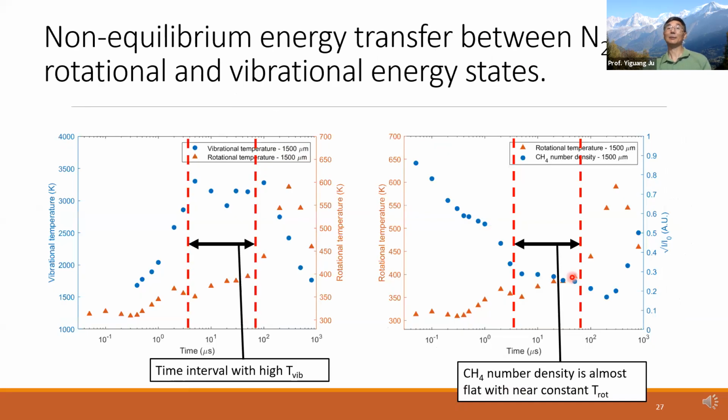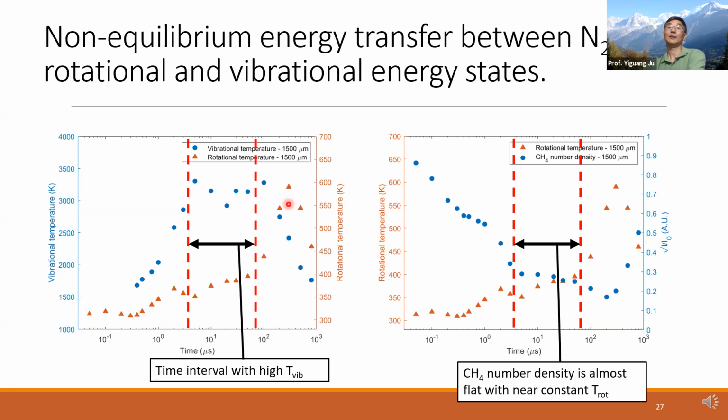If you plot that dimension, this is the vibrational temperature and this is the rotational temperature. You can see the vibrational temperature rises due to fast heating and is maintained for a certain time and then decreases. During that decrease of vibrational temperature, the rotational temperature is rising, showing the vibrational rotational energy transfer.